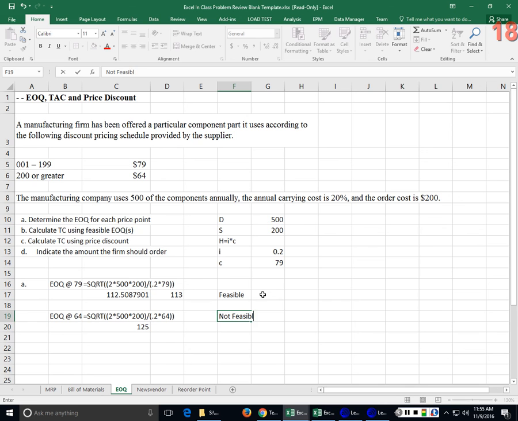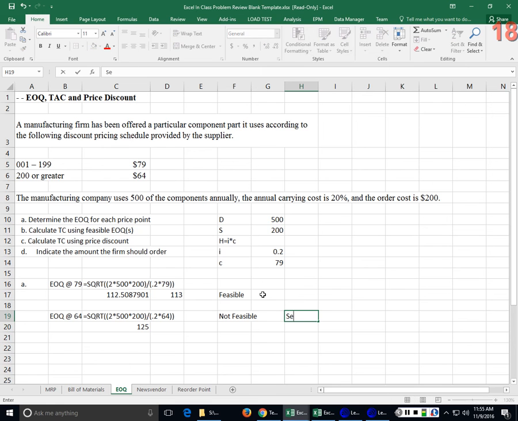So for our comparison, what's the quantity that I would need to allocate in order to do the price discount comparison? If I can't order in a quantity of 125, what is the quantity that I'd want to order for that price discount? 200 or more. 200, right?